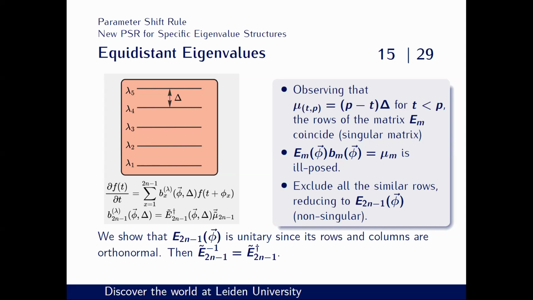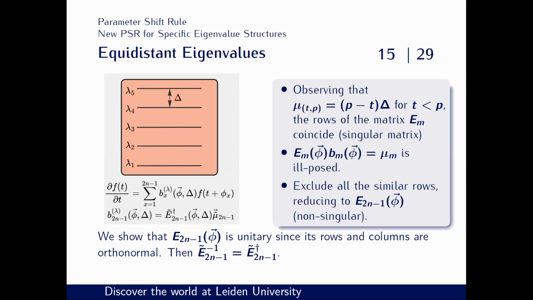So the matrix E consists of rows where we have phase factors like exponent i and delta between levels. If we have all the same distances between each neighboring level, then many rows have the same weight.